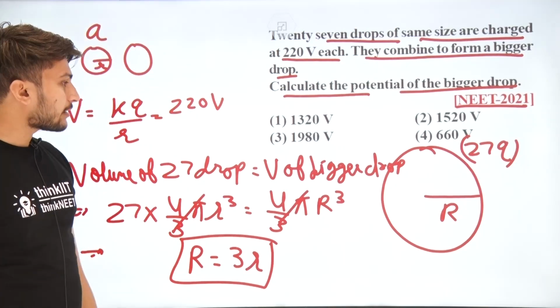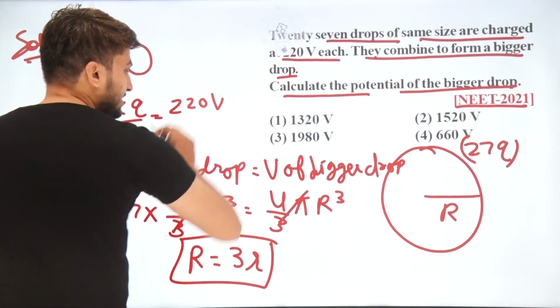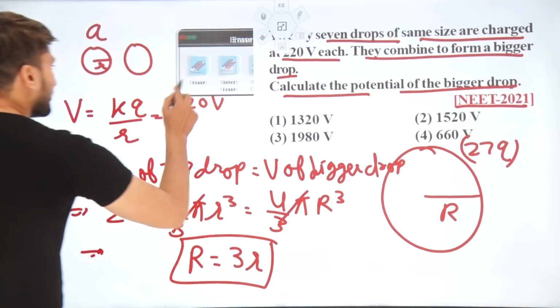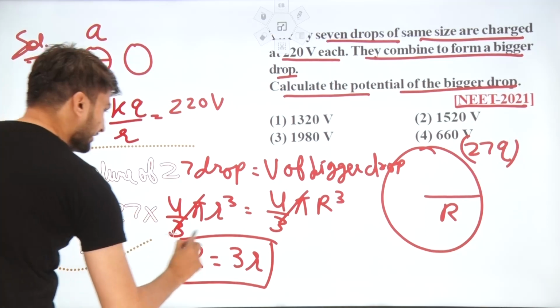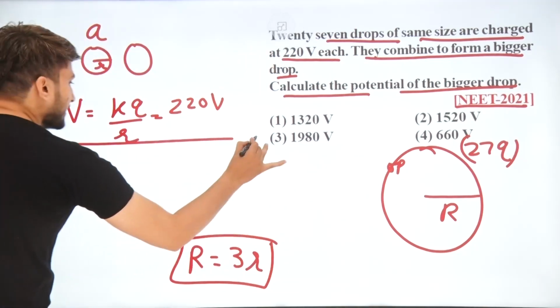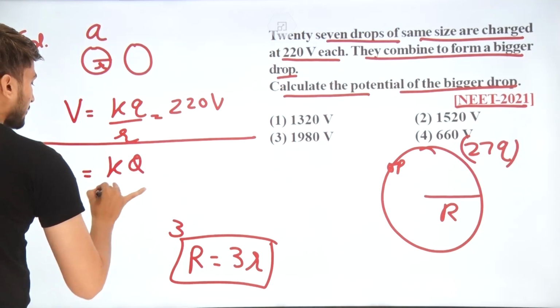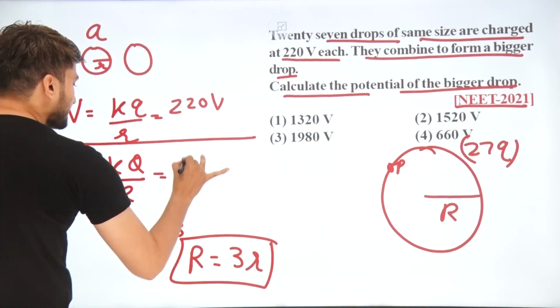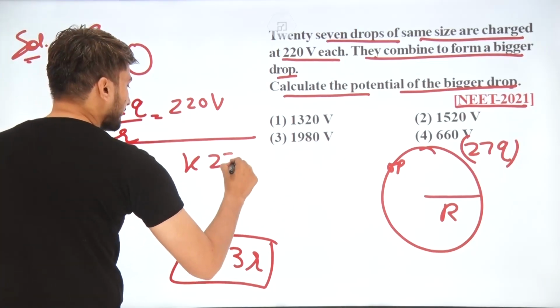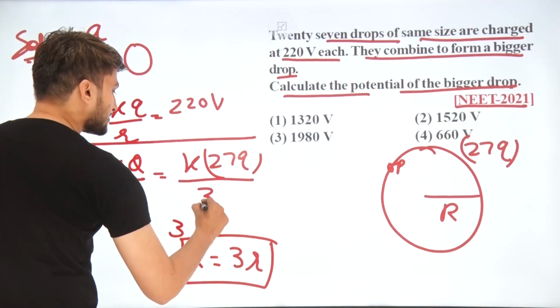Now students, for the potential of the bigger drop, we have found the potential across the bigger drop. So the potential of the bigger drop is kQ by R, and Q is 27q, and capital R is 3 times small r, so this is 3r.